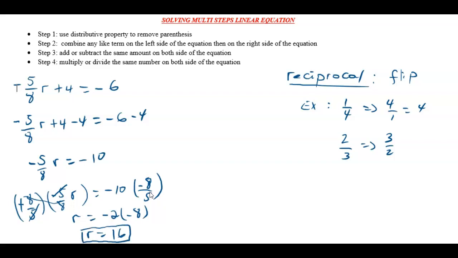Okay, so all you have to do here is multiply by the reciprocal. You have to understand reciprocal is when you flip the fraction. So if you have a fraction multiplying the variable, you multiply that fraction by its reciprocal. Okay, and then we keep the sign, of course.